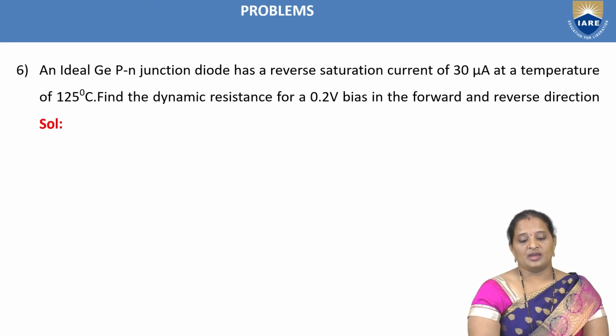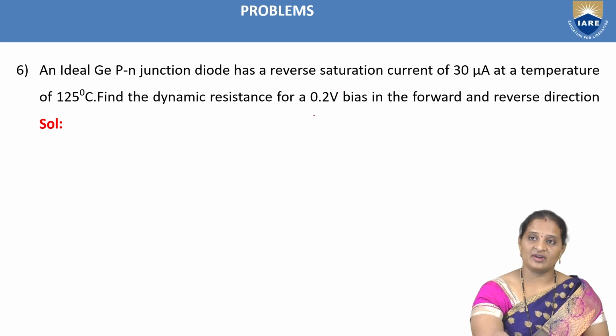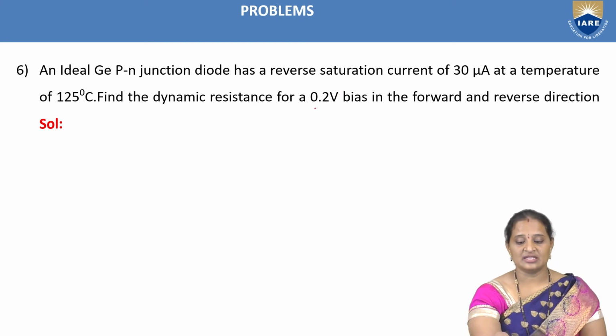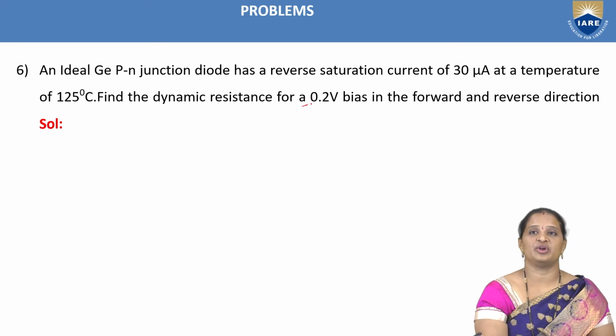So he asked to find the dynamic resistance when the applied voltage is 0.2 volts under forward and reverse direction. That means the same voltage is to be considered under reverse bias also. Only under reverse bias, we have to consider it as minus 0.2.